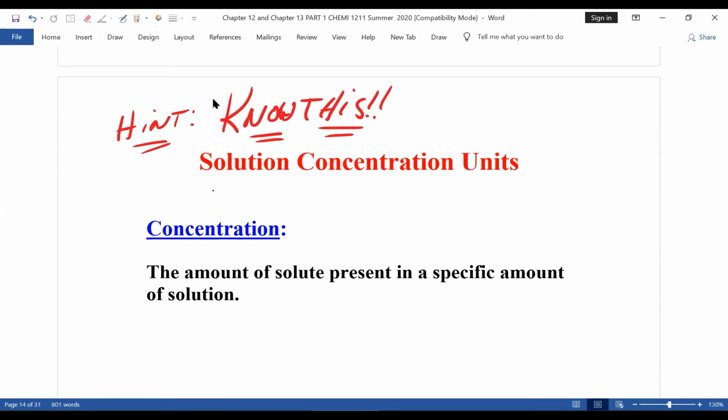Isn't it nice Dr. White can be subtle? Hint, know this. When we're talking about concentration, that's the amount of solute present in a specific amount of solution.